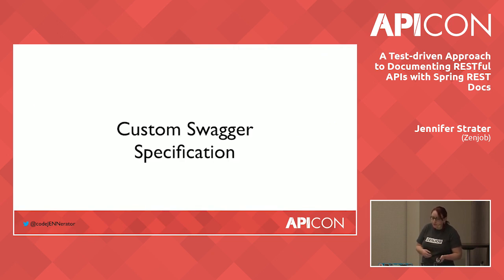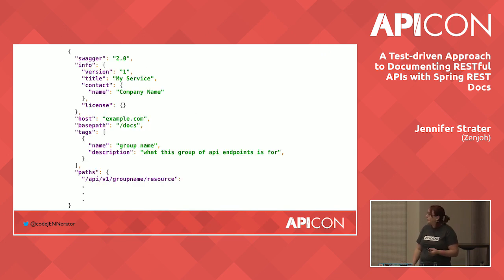The other option is to specify your own. If you aren't familiar with Swagger already, there's this definition for what goes in it, and you can maintain this yourself instead of using an auto-generated tool. But I already talked about how I don't like writing documentation. I really don't want to have to make sure that this gets maintained too.